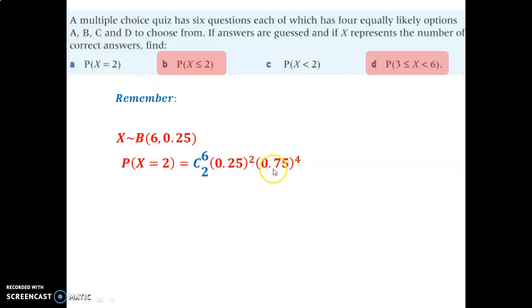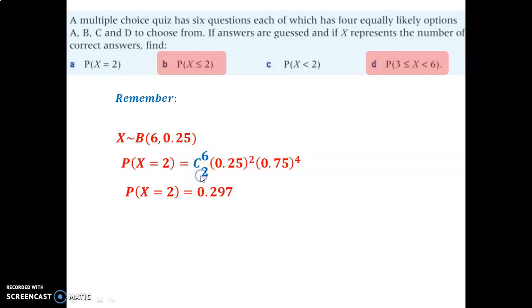So 75% chance you'll be wrong, and there are 4 times you're wrong, because again, we're looking for a situation where 2 are correct, so 4 are wrong. So again, the correct ones, the wrong ones, there's 1 path, and this tells us how many paths. That's 6 choose 2. If you did the formula, you know it works out to a certain number. Multiply that number by this, and you should get this probability. Again, if you forgot how to do this, you can look in Pascal's triangle, or you can use the combination formula from the previous video.